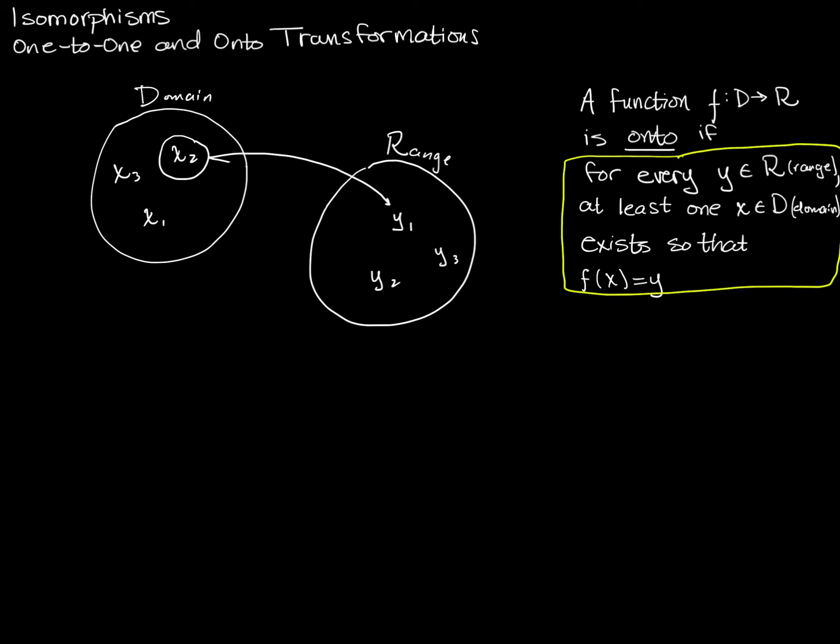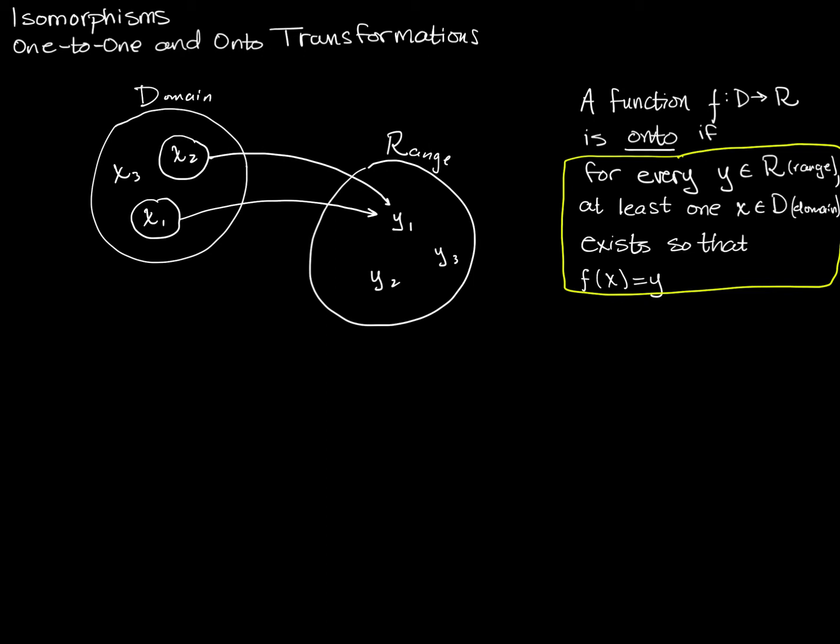If I took x1 and also mapped it to y1, would that still be a function? Well, sure, because for that x, it's only mapping to one y. It happens to be the same y, but that's okay. It's still a function. Is it a one-to-one function? Well, no, because now I have a y that maps back to two different x's. So this is not a one-to-one function.